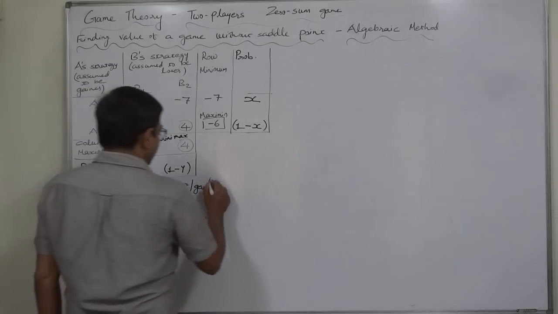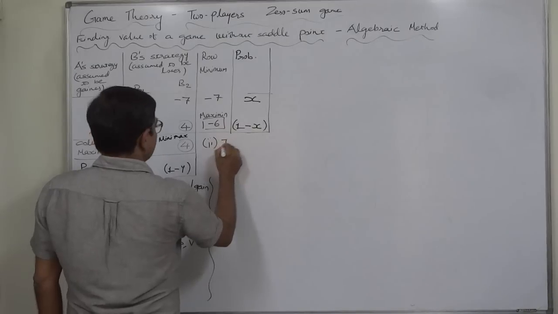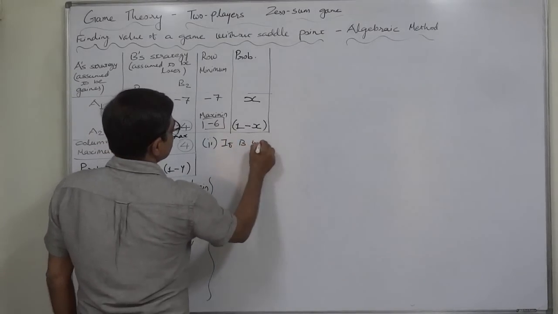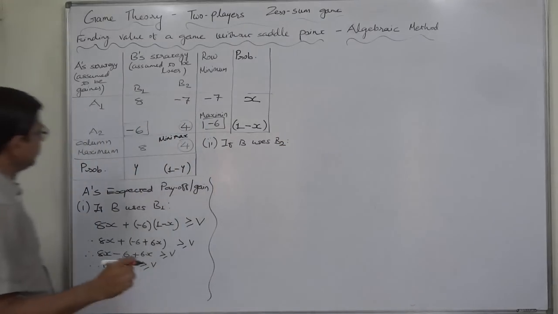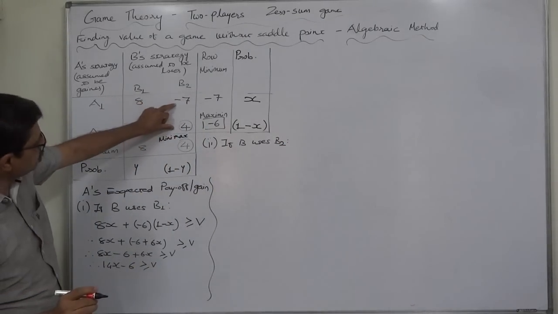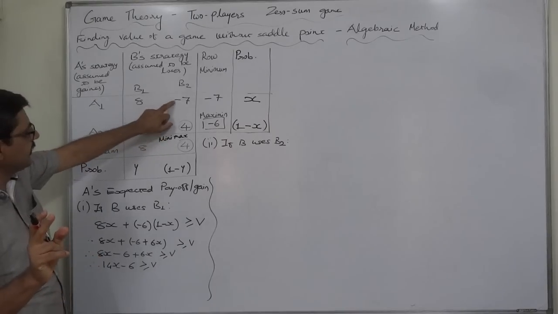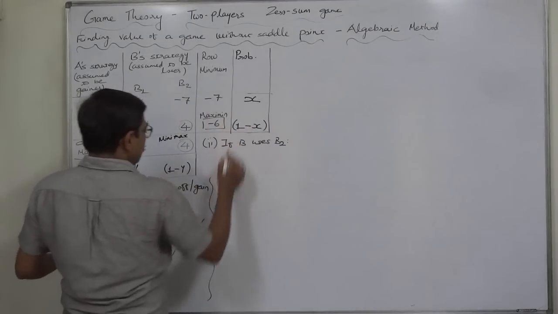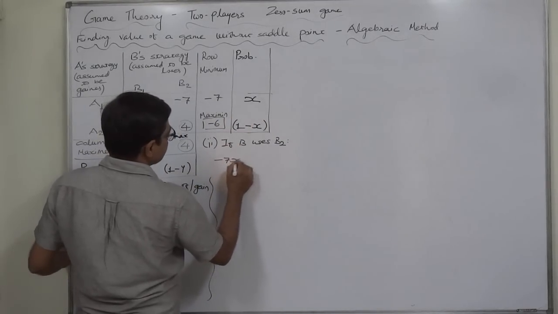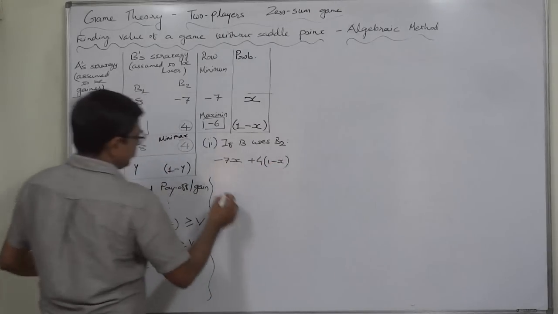And if B uses B2, then A's expected gain will be from payoffs minus 7 and 4. So the expected gain will be minus 7x plus 4 into 1 minus x.